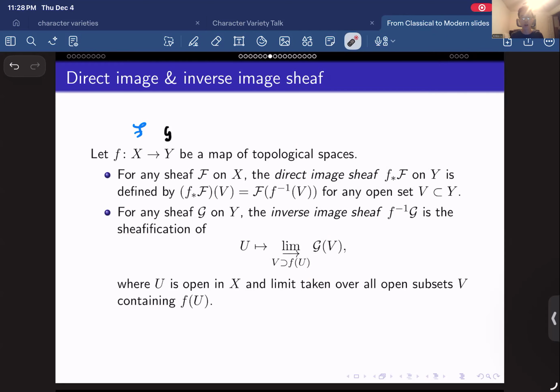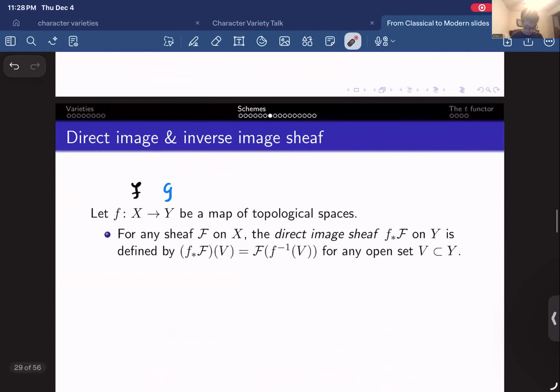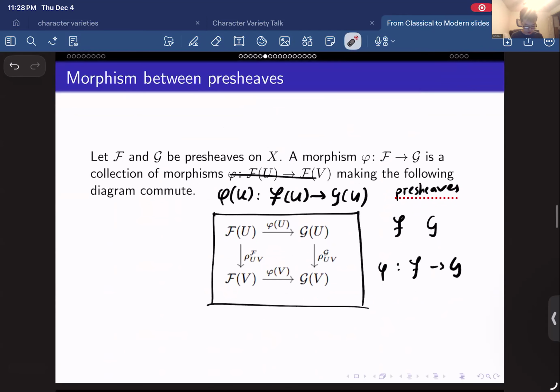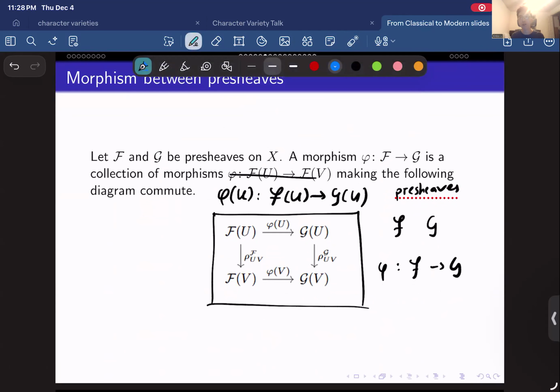In fact, it is. So I want to talk about what a morphism between pre-sheaves actually is, because I've tried to convey that a lot of things in algebraic geometry are really local. So if I have a morphism phi from F to G, of course they're all sheaves over X, or pre-sheaves, then let's just live in the world of sheaves.